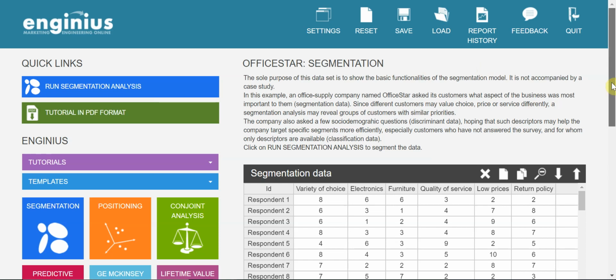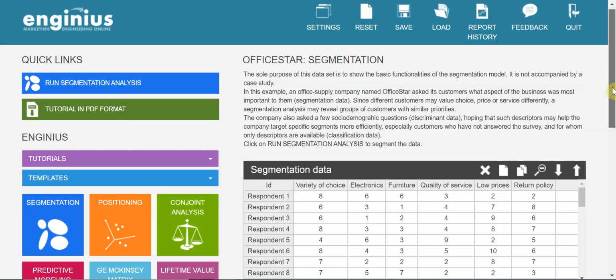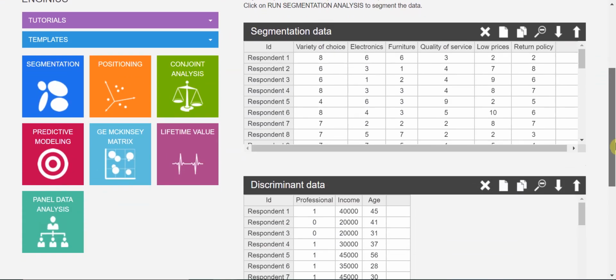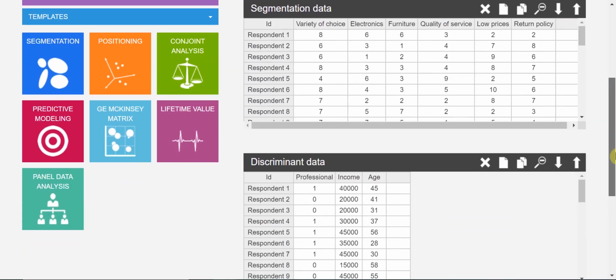And Enginius is adopting needs-based segmentation, and needs-based segmentation has 2 major data sets. One is segmentation data, and the second is discriminant data.